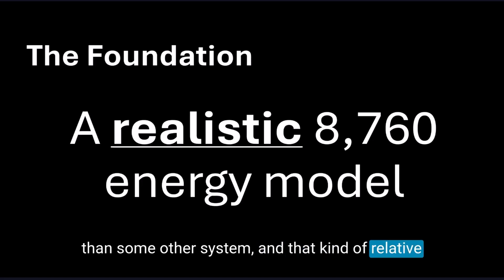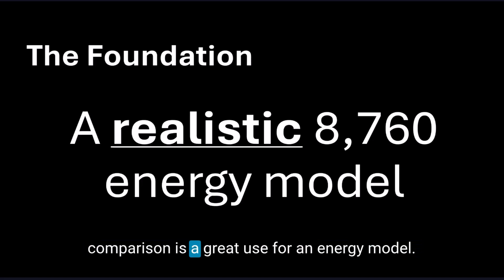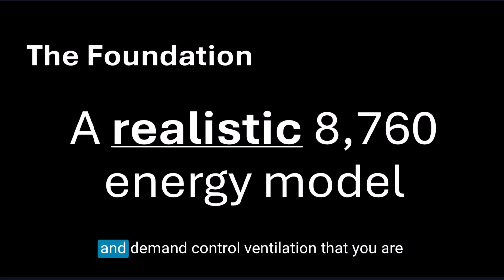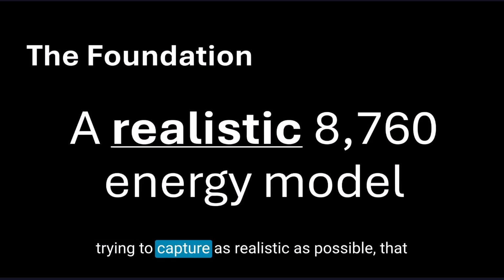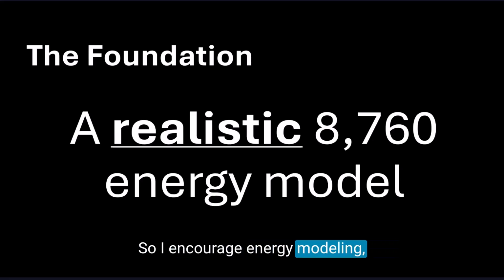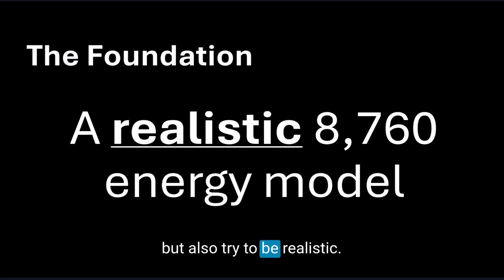And that kind of relative comparison is a great use for an energy model, unless it's realistic with schedules and lighting and demand-controlled ventilation that you are trying to capture as realistically as possible. That model is not good enough for geothermal. So I encourage energy modeling, but also try to be realistic.